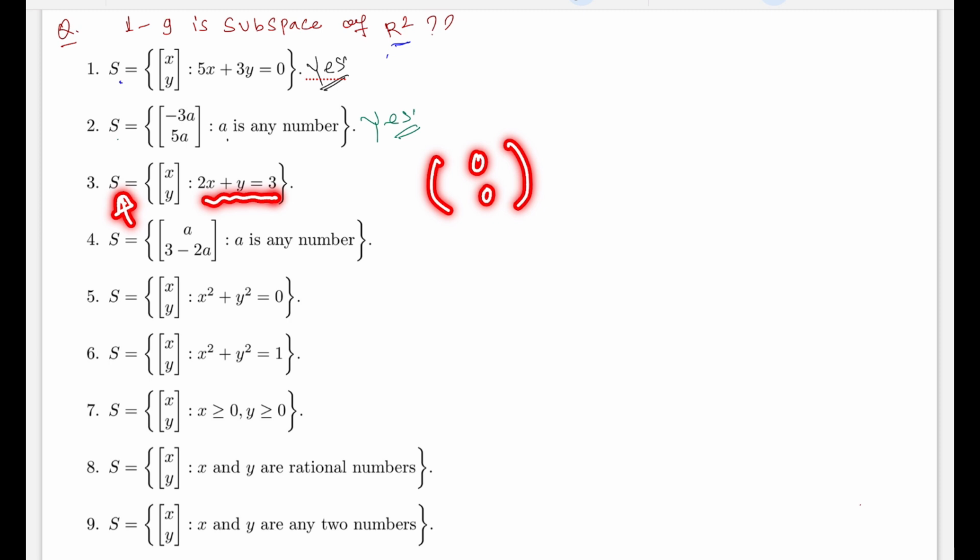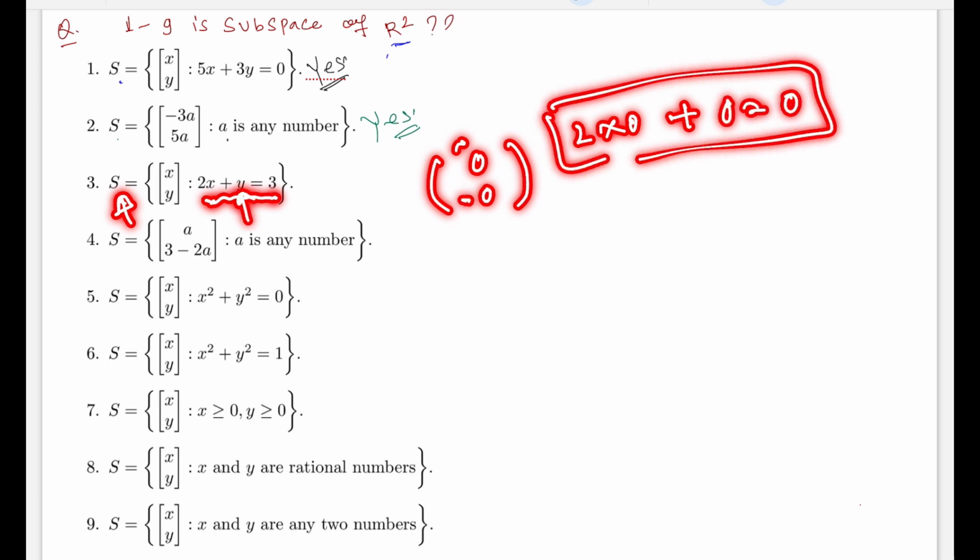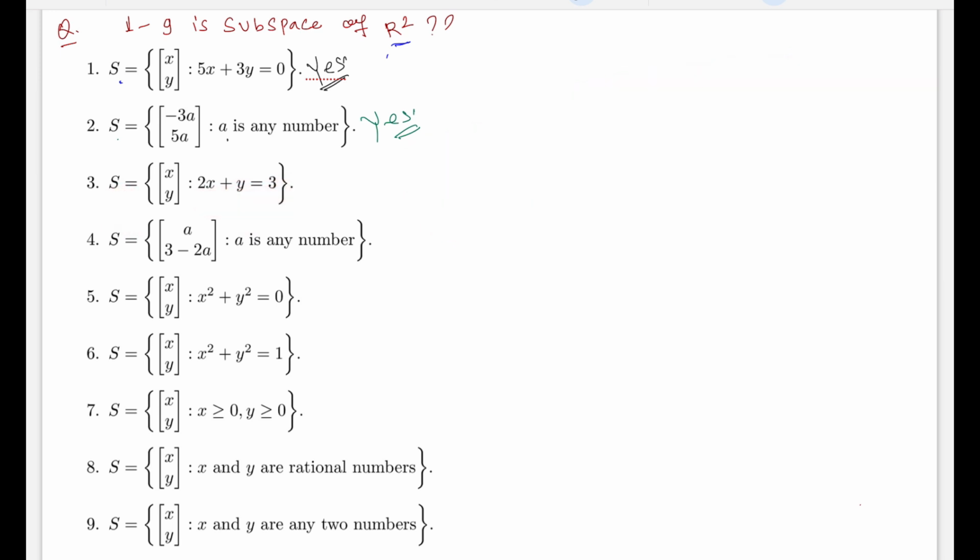So 2 times the first component, 2 times 0, plus the second component, that is 0, we are getting 0, but according to the condition that should be equal to 3. So 0, 0 doesn't belong to this particular set. I will not go further, and I will say that this is not a subspace of R square.